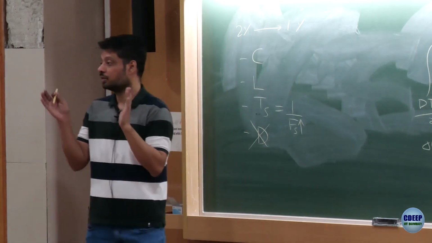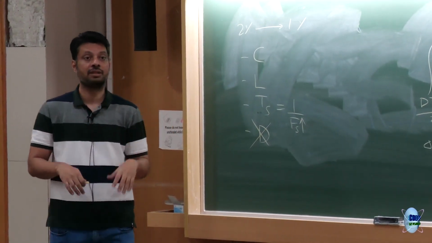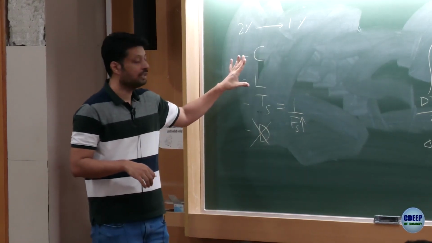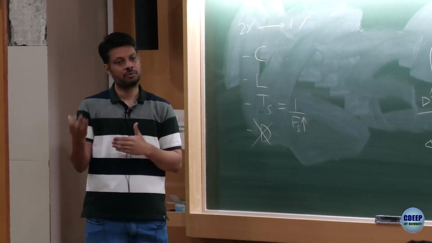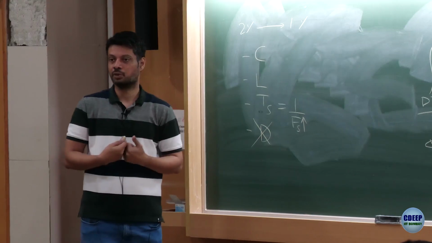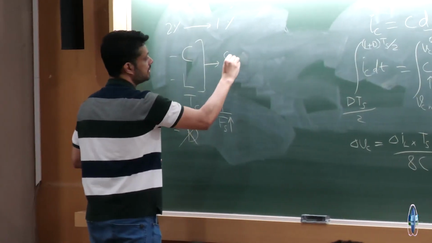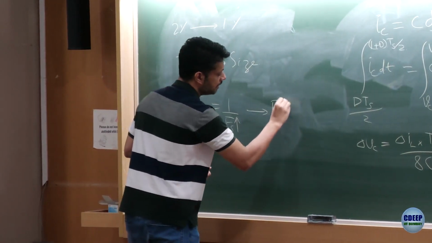But if you are very finicky about efficiency, you cannot afford the efficiency to reduce, but you are okay in making it a little bit bigger, then either you would change the value of C or you would change the value of L, or you would change the value of both depending on the cost of those components, size of those components and so on. So the implication here is on size and the implication here is on the efficiency.